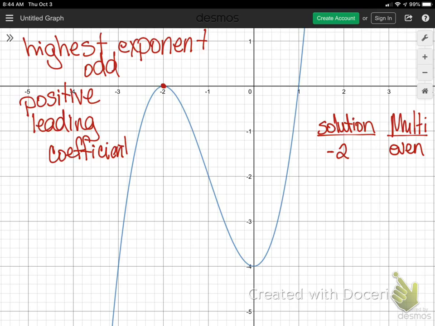Okay? What's another solution? 1. Okay? What's the multiplicity of that one? It's odd, and because it just kind of goes straight through, you really can say that it has a multiplicity of 1. Now, this is the jump that you have to make. If 1 is my solution, what is the factor associated with 1?